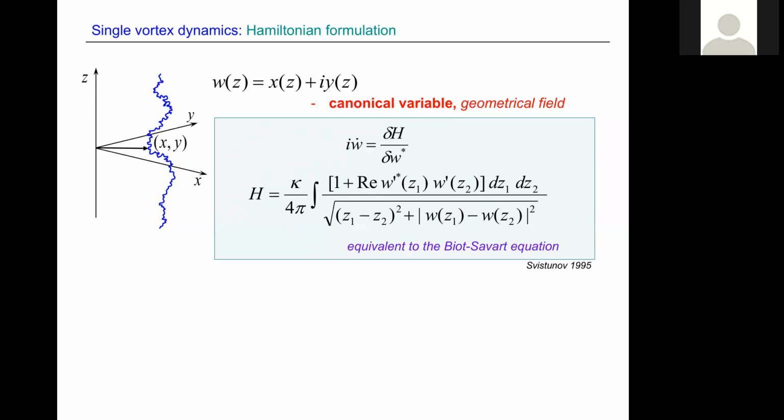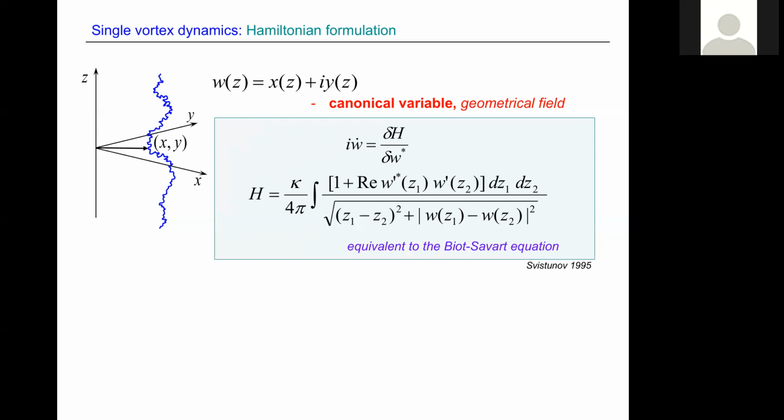And in fact, as long as we can single out one vortex line, I can introduce a field, which is basically the x and y coordinates of the crossing of the vortex line with the xy plane. As long as this field is single valued, I can write down the Biot-Savart equation in Hamiltonian form in terms of this classical field, which quite importantly is a purely geometrical variable.